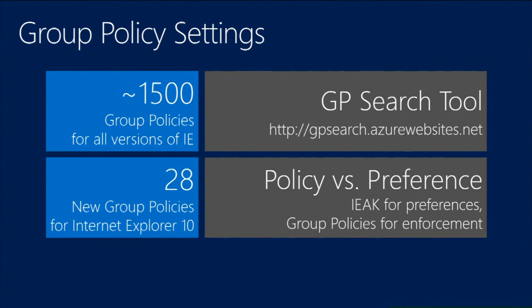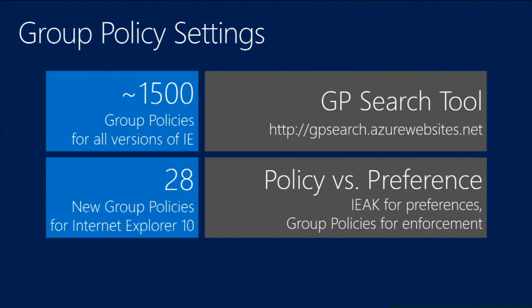And many of these group policies work across both browsers. Preventing Flash from running is a group policy that runs across the immersive browser as well as the legacy desktop browser. So many of these group policies are set once, and because it's the same browser, they work in both experiences.